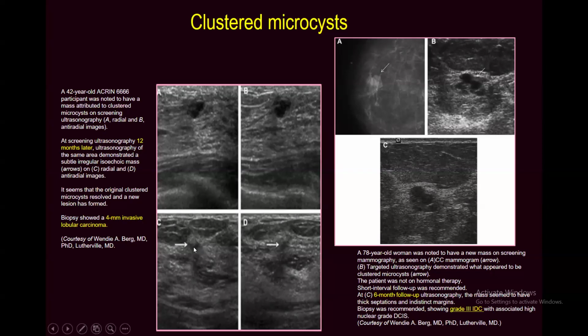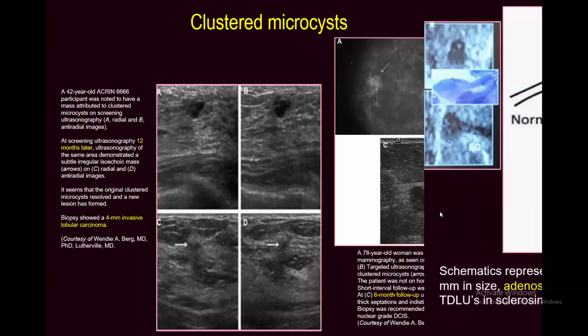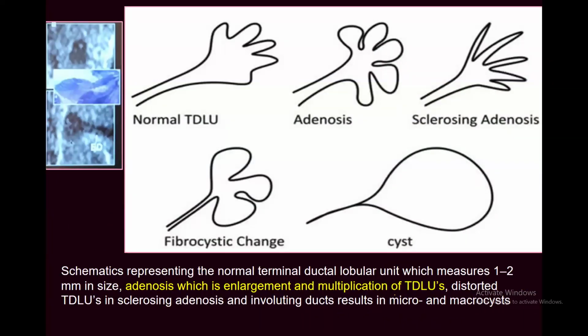They biopsied and it proved to be a 4 millimeter invasive lobular carcinoma. And this is a lobulated mass on mammography and a cluster of microcysts on ultrasound. After 6 months follow-up, at the same site, it became more complicated and complex, and look at the septum, and it proved to be invasive cancer.